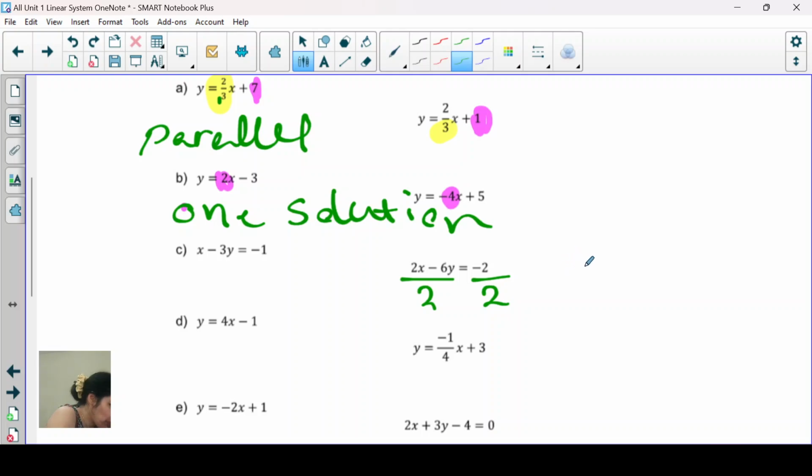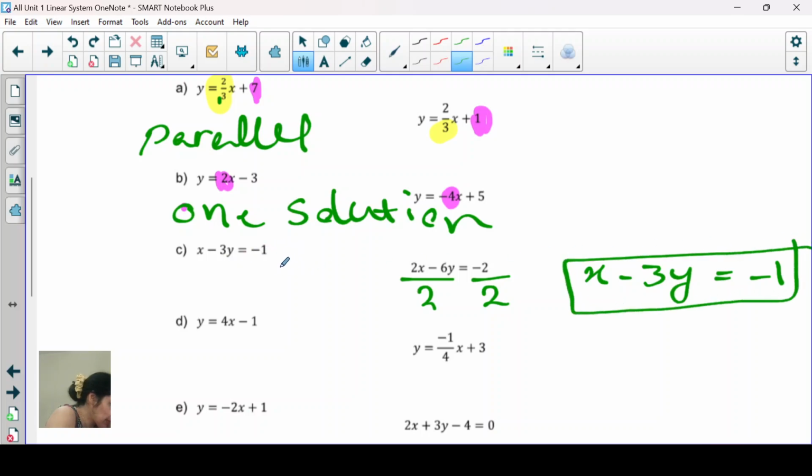It's going to be x minus 3y equal to negative 1. And here it's the same. Everything is the same. It means that the two lines are lying on top of each other, so they are collinear.